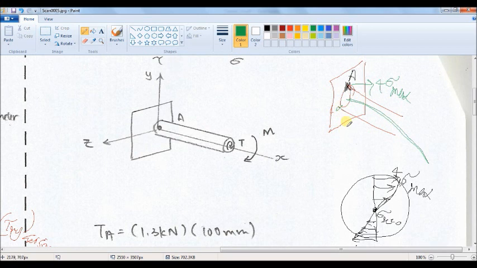And here we will have negative axial stress because it is in compression, at the bottom of the shaft, top and bottom.